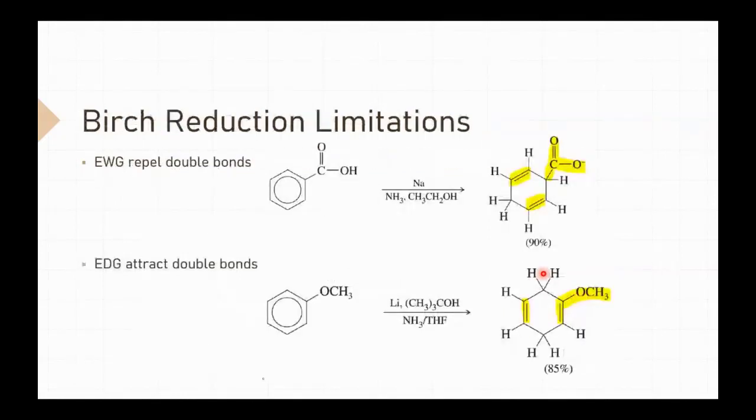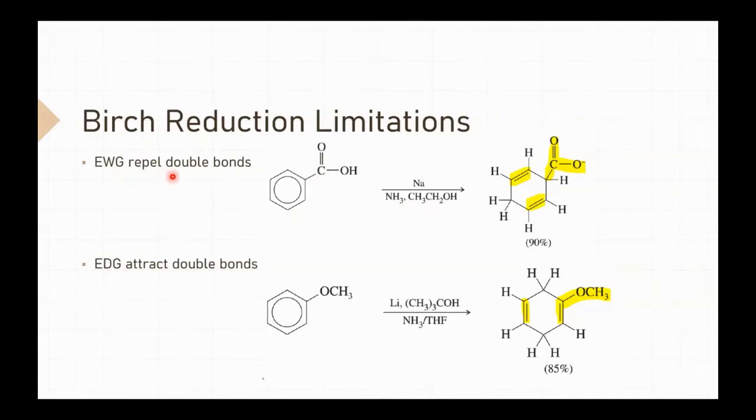Now the orientation of that depends on your substituents. Here we have our Na and then ammonia, along with our alcohol. We have electron withdrawing groups here, right?